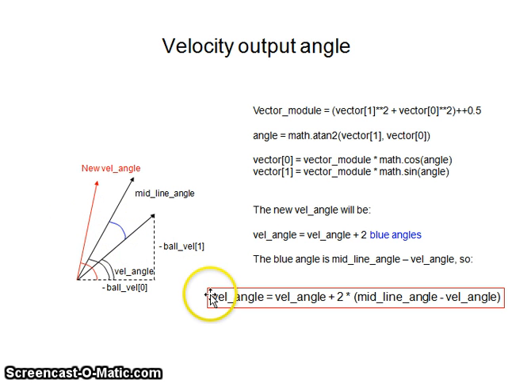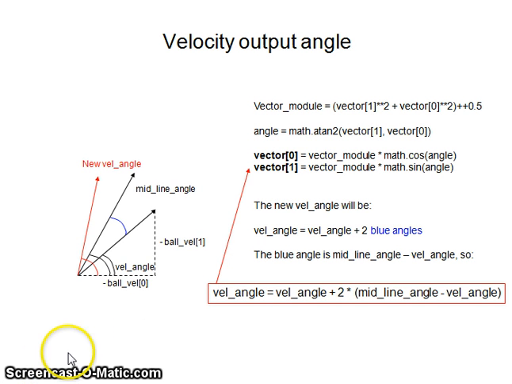So this is the equation: the new velocity angle is the velocity angle before plus 2 times this difference. And the only thing that we need to do now is, with the new angle of the velocity, just calculate again the components of velocity. So these will be the components of the new velocity of the ball.